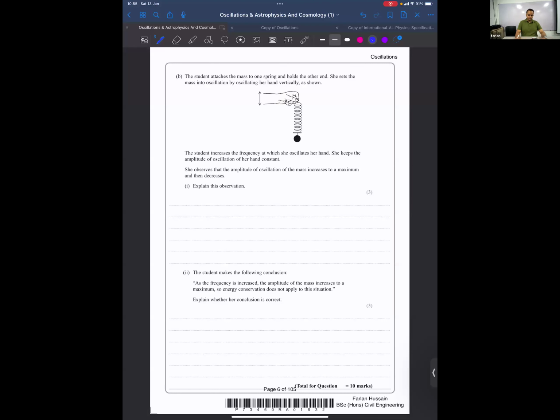At a particular frequency, the energy transferred to the system is maximum. So it will vibrate with maximum amplitude.